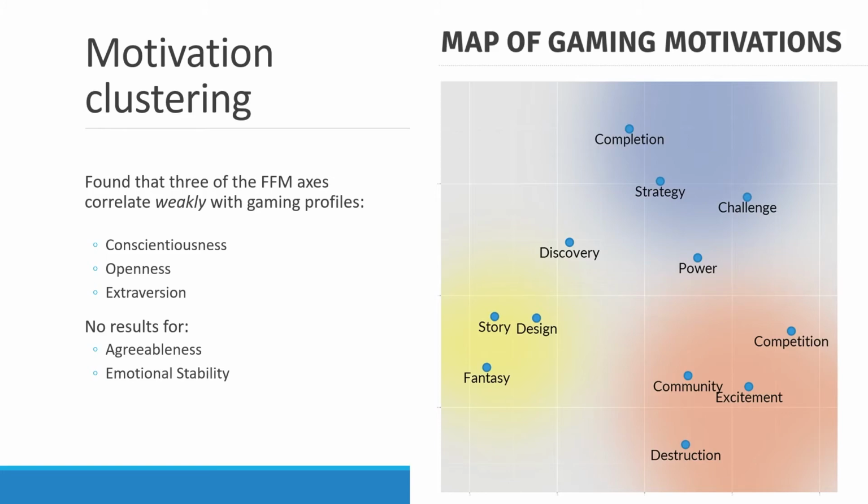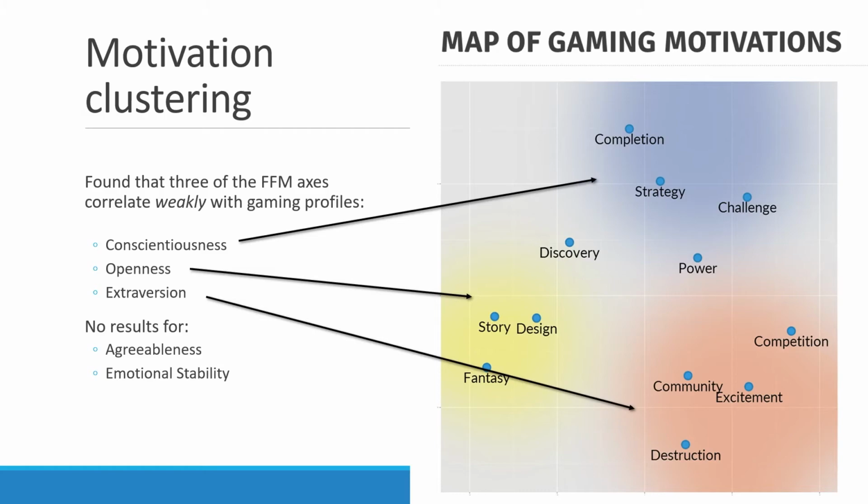And very interestingly, the study finds very weak but existing correlations between 3 of the big 5 personality profiles and some of those clusters, specifically a weak correlation between conscientiousness and reporting being motivated by strategy and completion and challenge. A correlation between openness to experience and being motivated by story and design and fantasy, and correlation between extroversion and being motivated by destruction and community and competition.